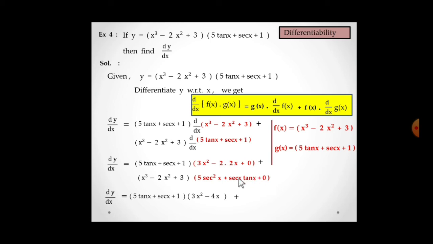Here 5 secant square plus secant x into tan x plus 0. So this is the answer. So this is the way of writing following the rules and regulations. Product means product rule. Okay, addition means addition.